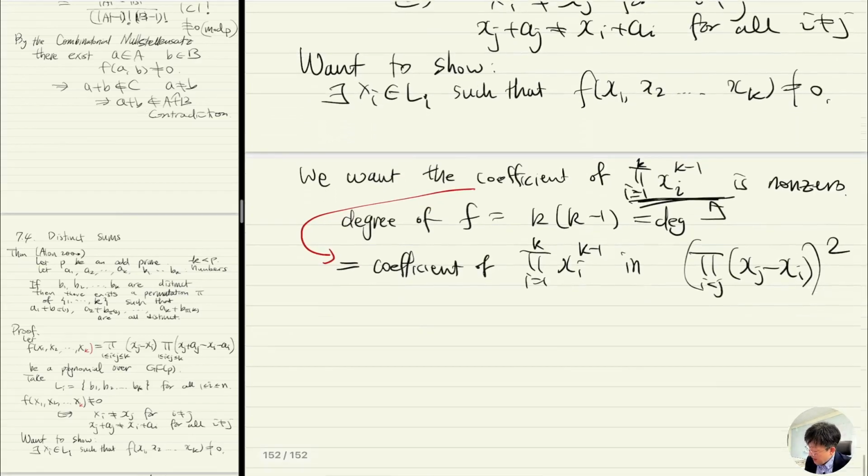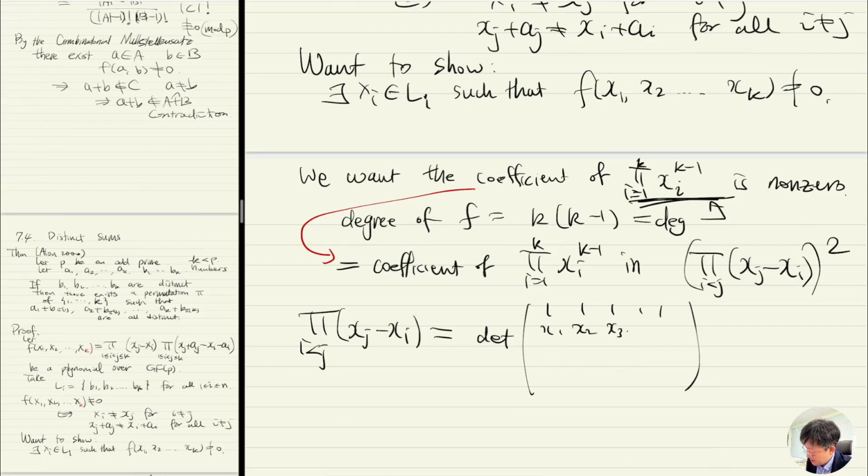Now this is where we're going to use the well-known Vandermonde determinant. If you remember that from linear algebra, this is nothing but the determinant of the matrix with rows 1, 1, ..., 1, then x1, x2, ..., xk, then x1 squared, x2 squared, ..., xk squared, and it goes until x1 to the k minus 1, x2 to the k minus 1, ..., xk to the k minus 1.